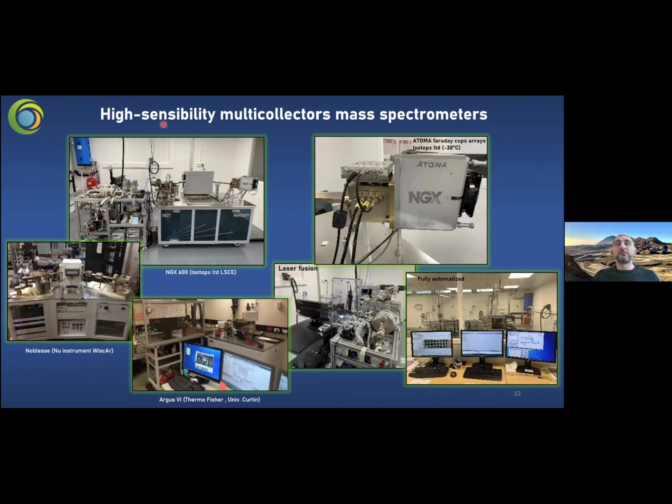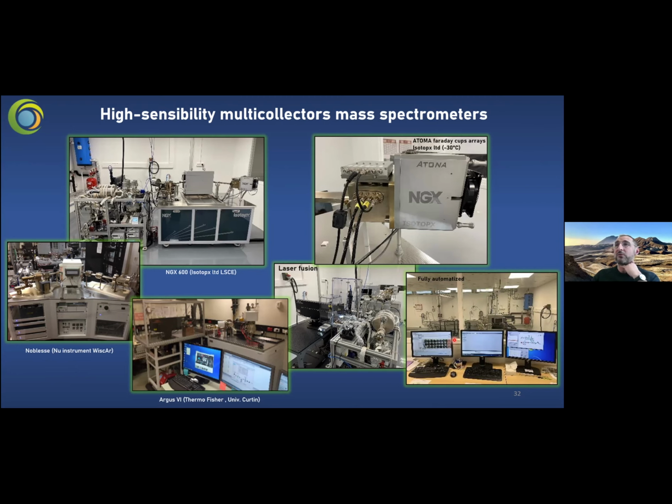Let's move to some considerations about the high sensitivity multicollector mass spectrometer. These are 3 examples of commercial mass spectrometers that are now on the market. You have Isotopx, Nu Instruments, or Thermo, and all of them have multicollector arrays that are high sensitivity, laser fusion, and they are fully automated.